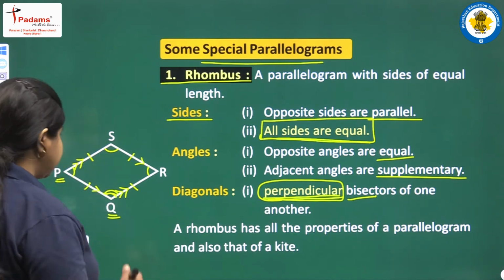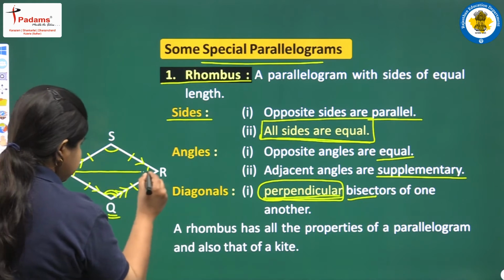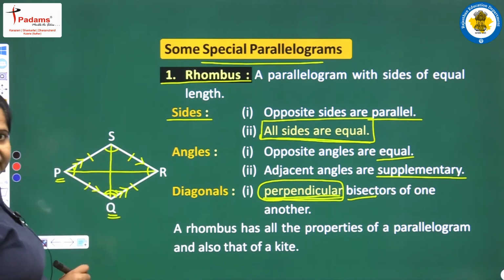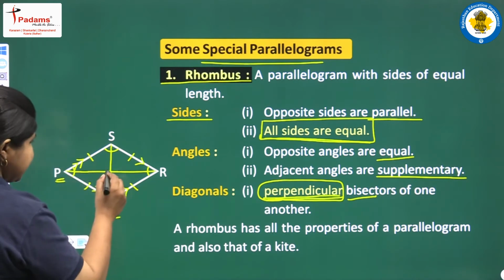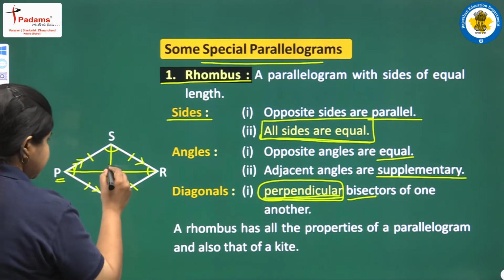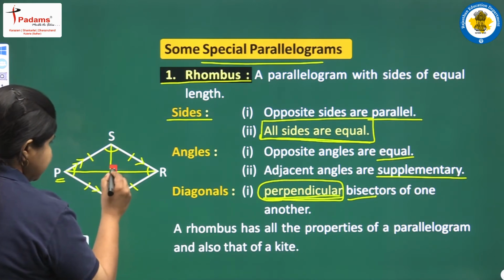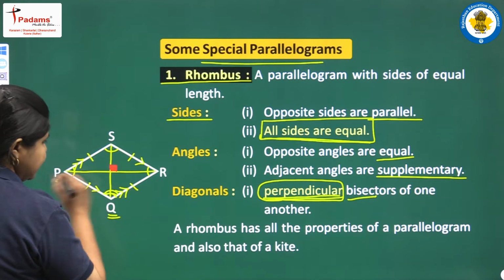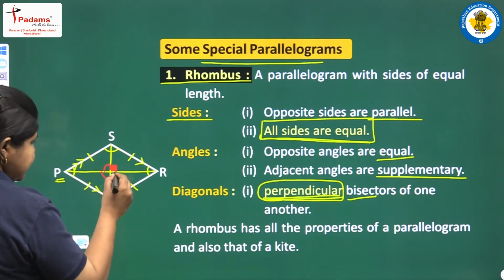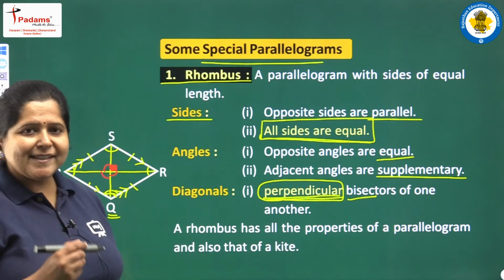Let us draw the diagonals here. This PR is the first diagonal and this SQ is the second diagonal. Now the angle formed at this point of intersection of the two diagonals is 90 degree. You can see this one. This is a right angle, and similarly the remaining three angles, these three, are also 90 degree each.